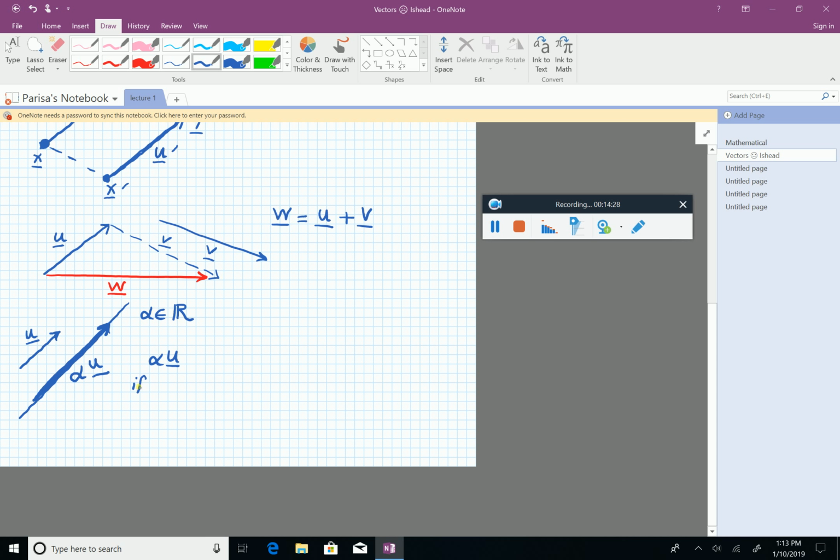If alpha is positive, it points in the same direction as u, and if it is negative, it points to the opposite direction.